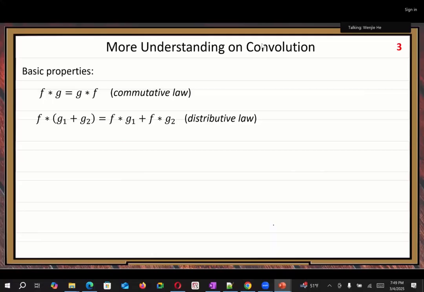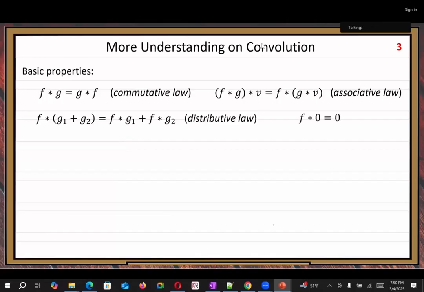Then another law, the associative law. You associate the first two or the last two, in different ways, and the result is the same. So those are the basic properties of the convolution operation.